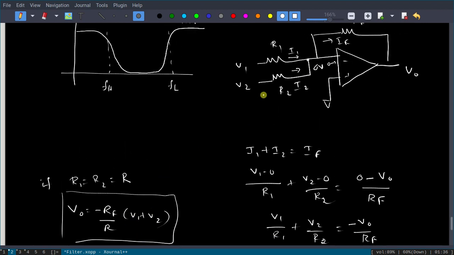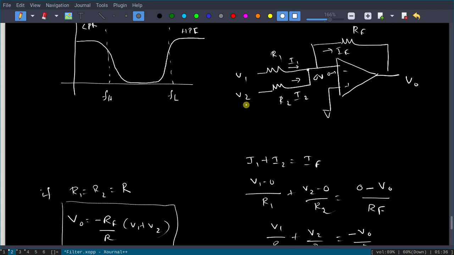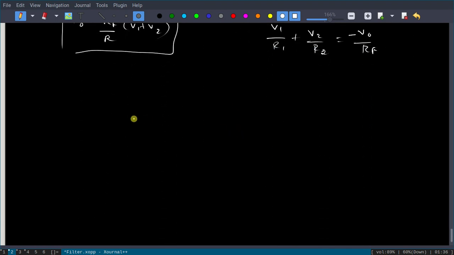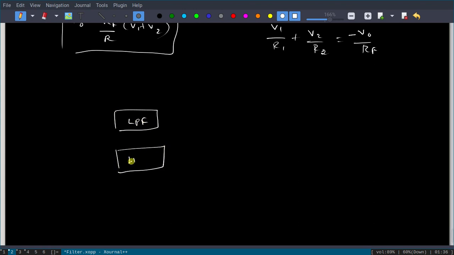Now see, instead of summing V1 and V2, we will sum the same signal. But what happens? Let me show what the logic is. You use an LPF and you use an HPF and you add, and you get the output.